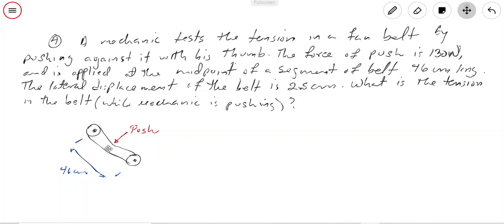The lateral displacement, which is how much in this direction the belt is displaced at the point of the push, is 2.5 centimeters. So the question is, what is the tension in the belt while the mechanic is pushing?